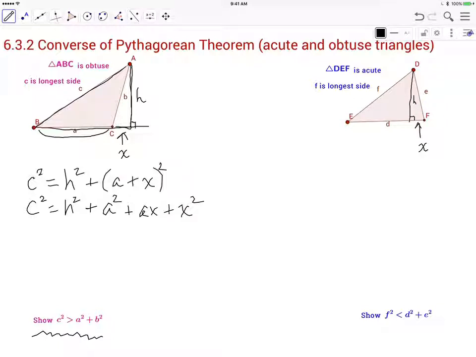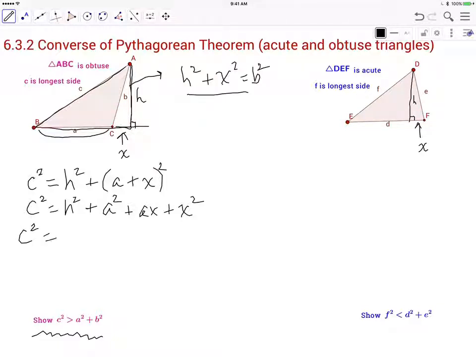We're also going to look at this little triangle over here, right? And we know that from this smaller triangle, h squared plus x squared is actually equal to b squared because b operates as the hypotenuse inside that smaller triangle. So if I bring this information down, I now look at this.